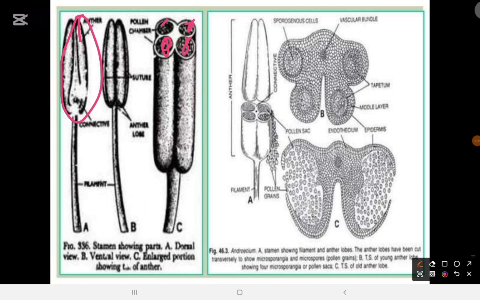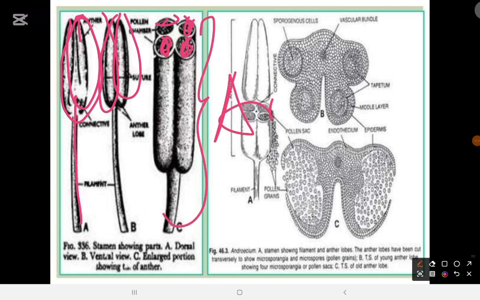These portions here are called chambers, and there is a connective between the filament and the anther. We call that portion the connective. The anthers are anchored in lobes. This whole thing is called the androecium, that is the male reproductive system.